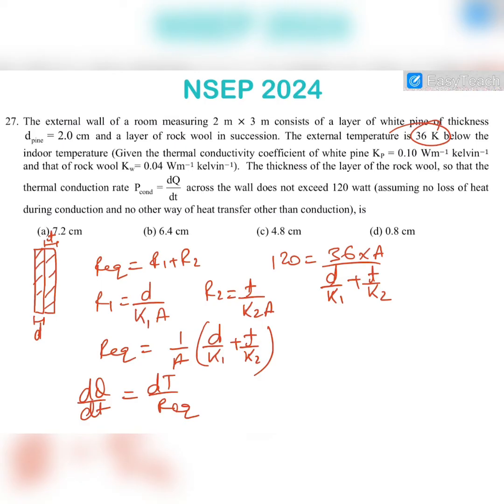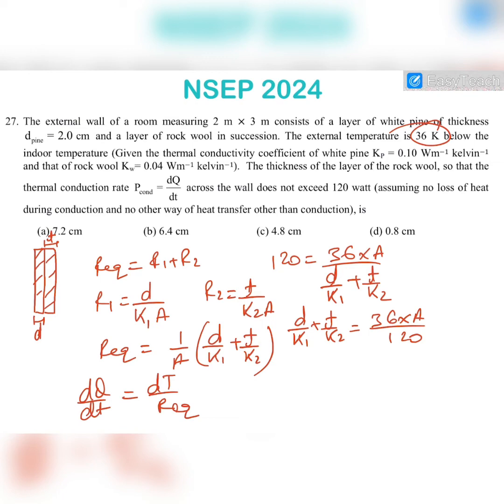So D by K1 plus T by K2 will be equal to 36 into A by 120, and this we will simplify further.